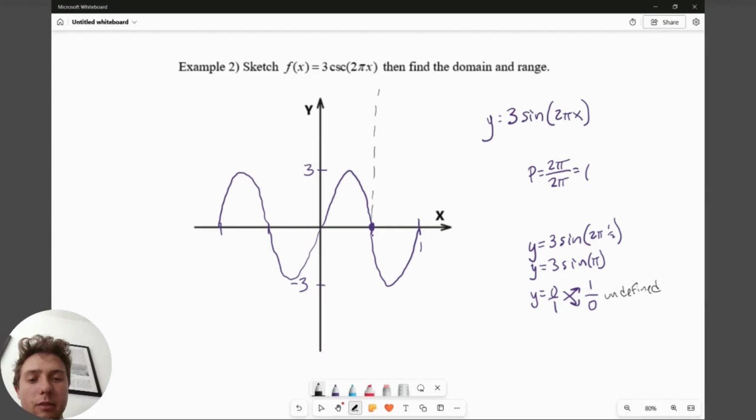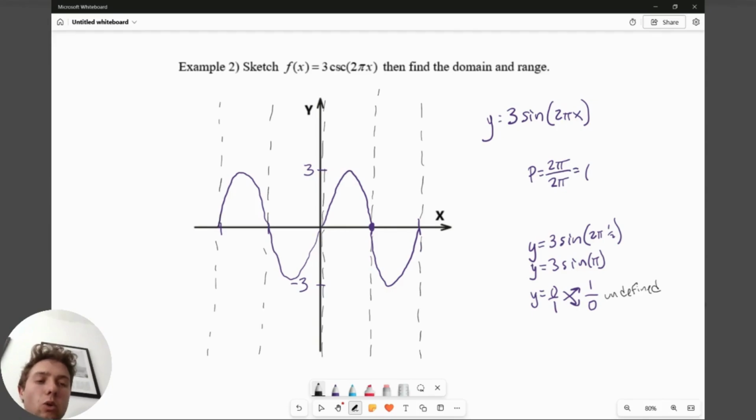In this case, we're going to have a vertical asymptote going up and down for the cosecant graph. So, okay, we can sketch those asymptotes at every single x-intercept. Okay, speeding it up. Now it looks something like this.